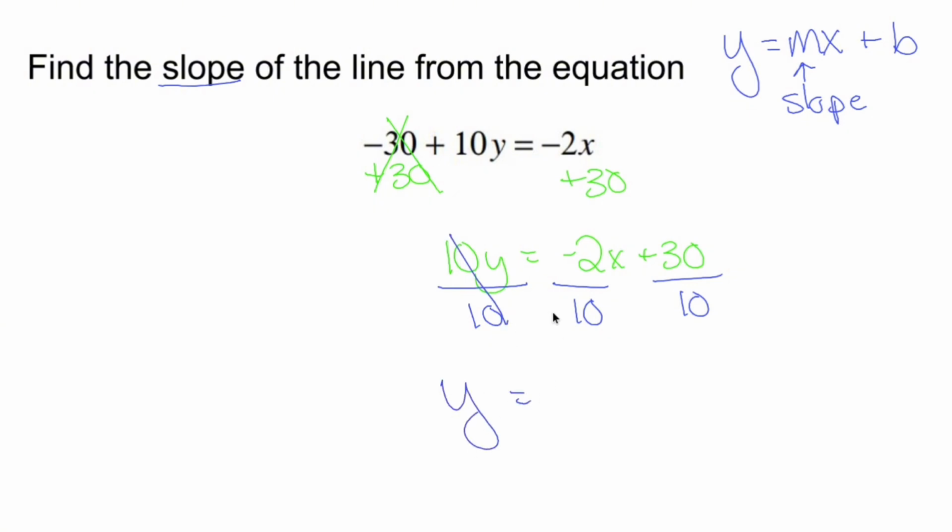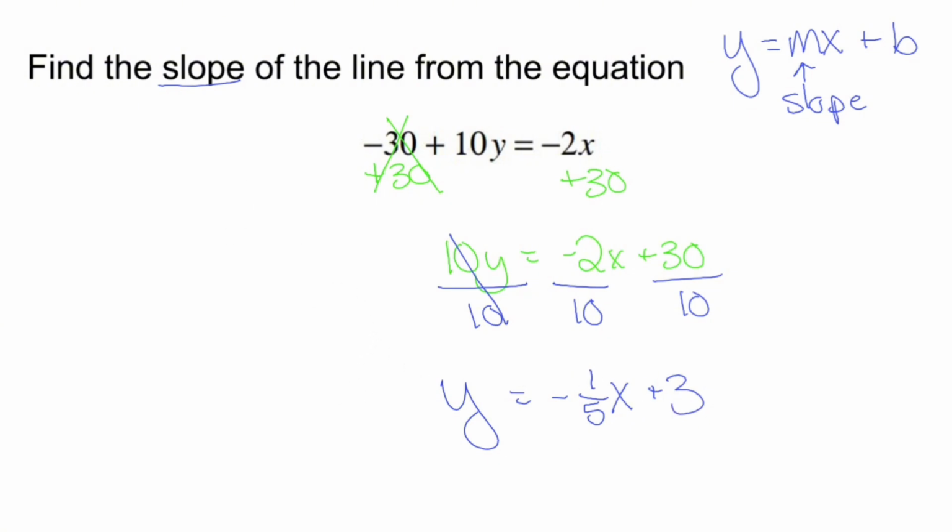Y equals negative 2 over 10, and 2 over 10, they're both divisible by 2, simplifies to 1 over 5. X comes along for the ride, and 30 divided by 10 is going to be positive 3, so plus 3.